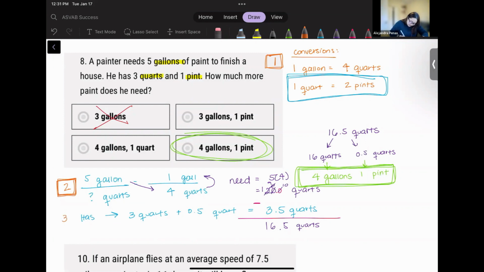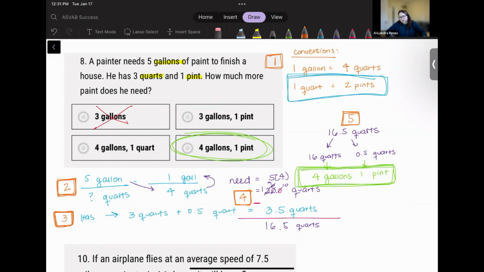Step number 3, I determined how many quarts he already has. Step number 4 was to subtract and figure out how many he is missing. And the last step, number 5, was to convert what he was missing, converting it to gallons and pints. So 5 steps.